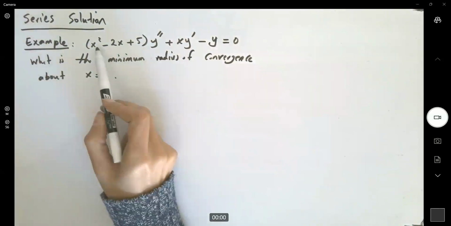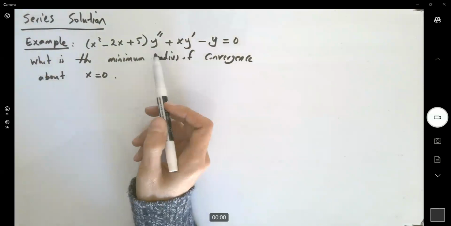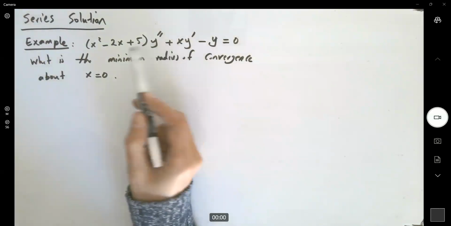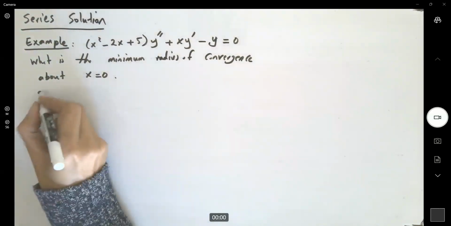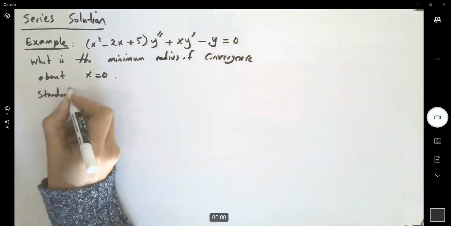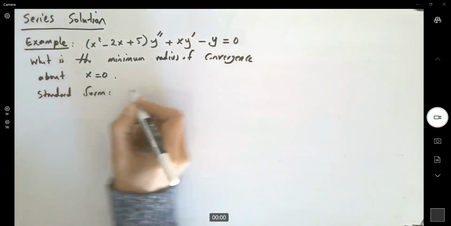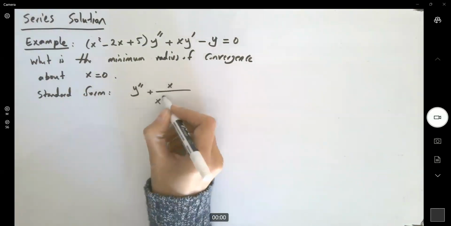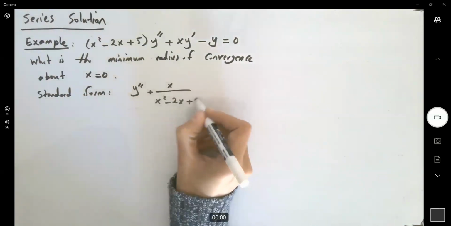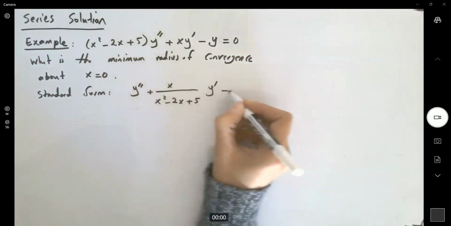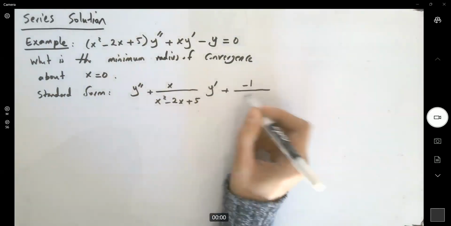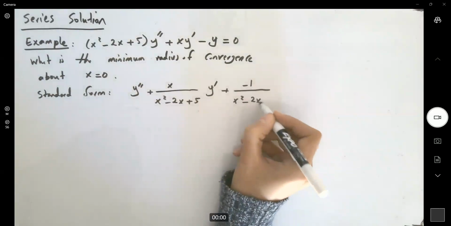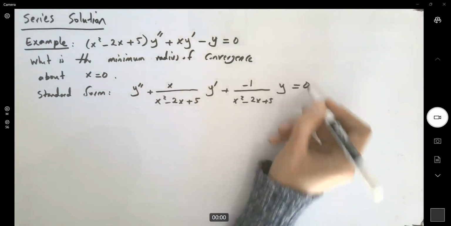So first of all, check to see if it's written in standard form or not, because we need to look for the singular points. Write it in standard form. The standard form becomes the second derivative of y plus x over (x squared minus 2x plus 5) y prime plus negative 1 over (x squared minus 2x plus 5) y equal to 0.